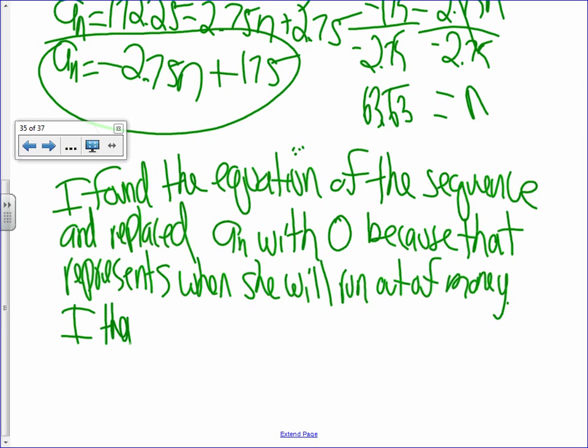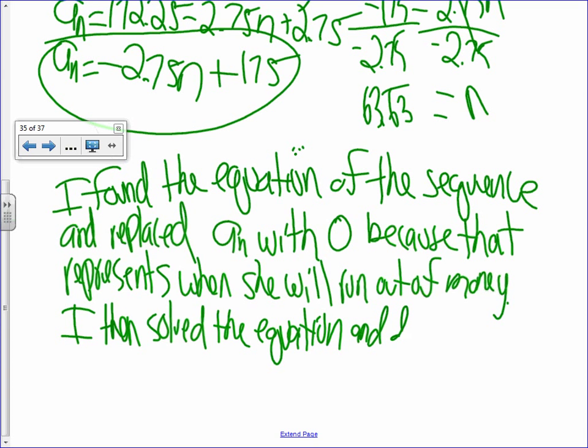I then solved the equation and dropped all the decimals.